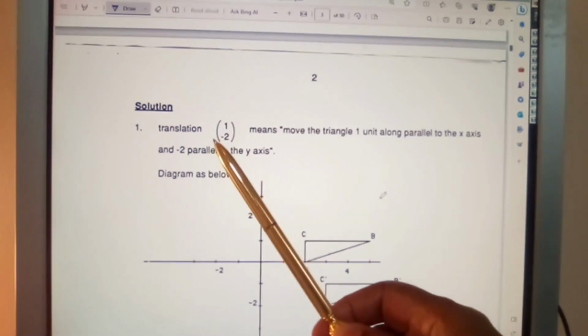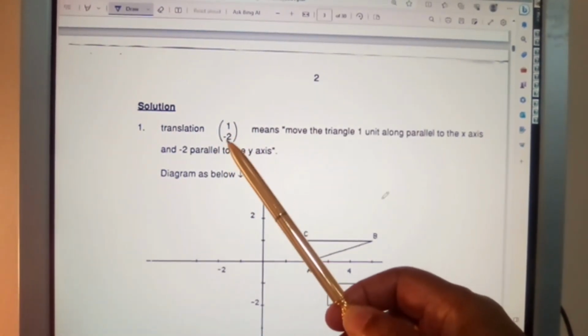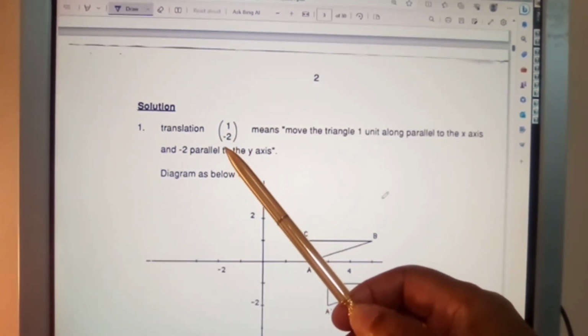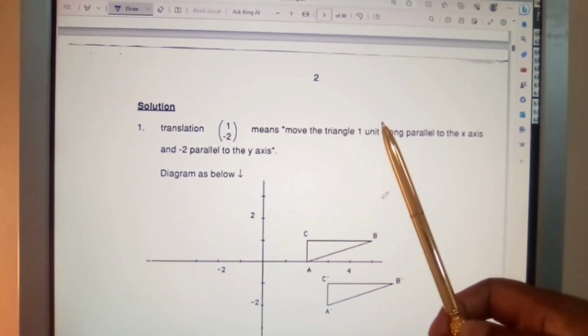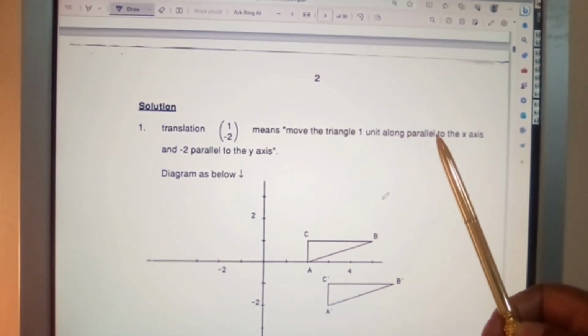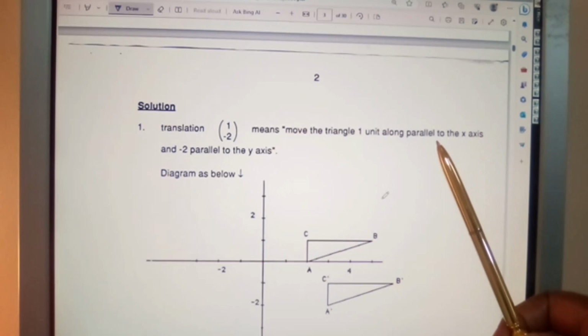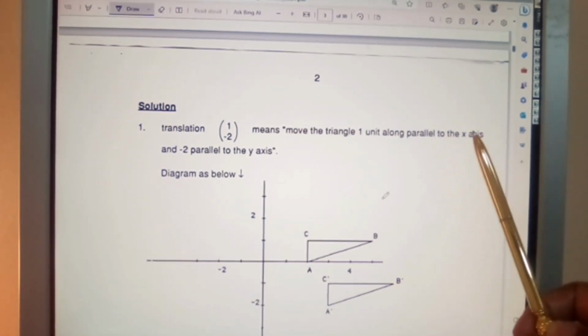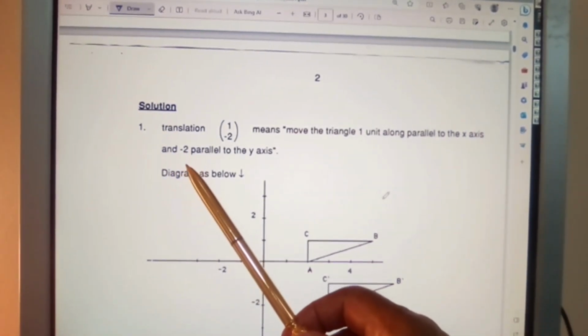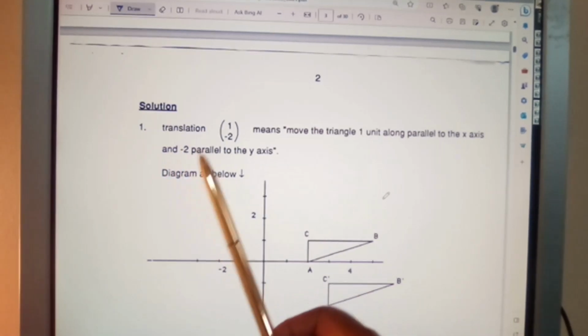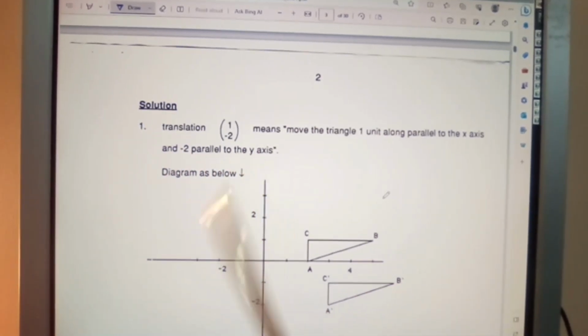Translation matrix 1, -2 means move the triangle 1 unit parallel to the x-axis, and -2 parallel to the y-axis.